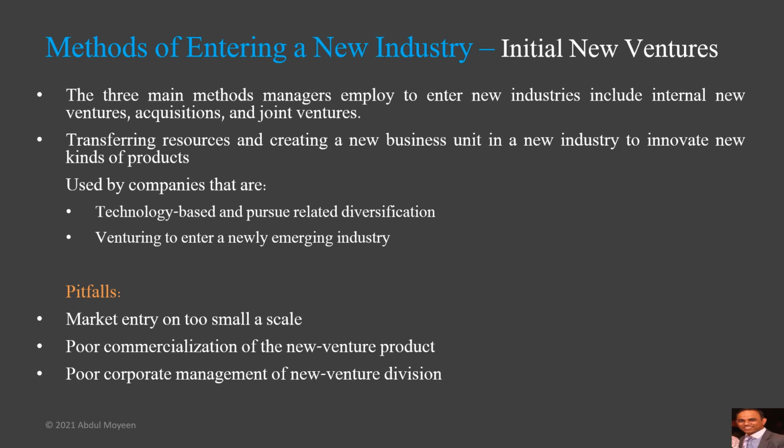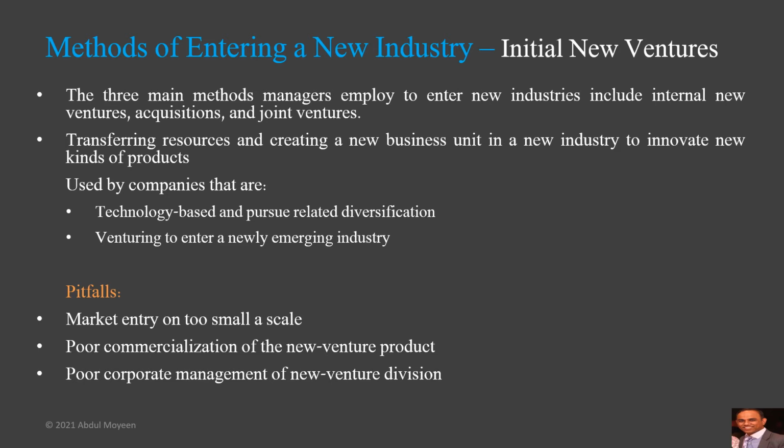It could be related or unrelated, but different strategies will be required in different types of diversification strategies. Basically they include three types. One is internal new venture, second is acquisition, and third is joint venture. Let's talk about this in a little bit more detail.